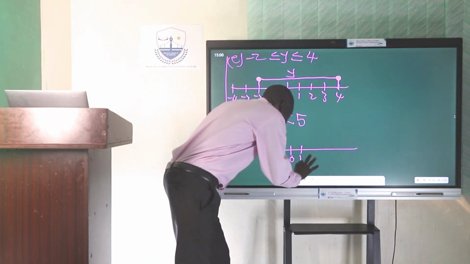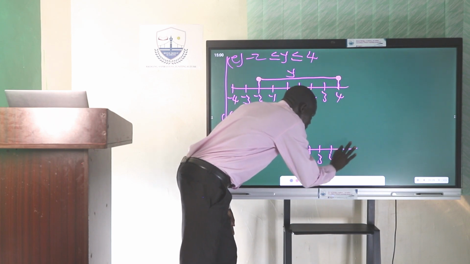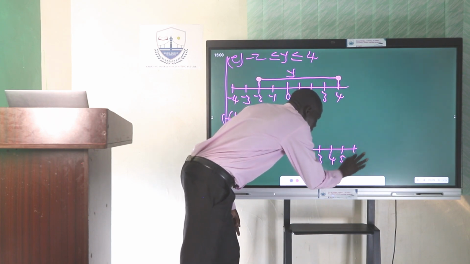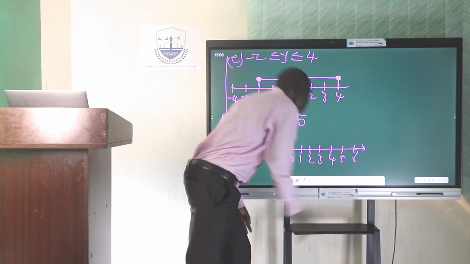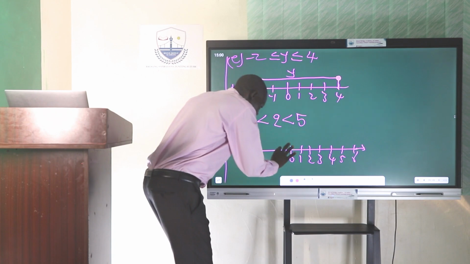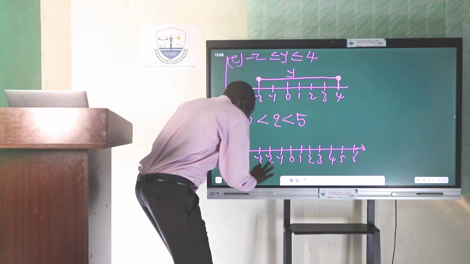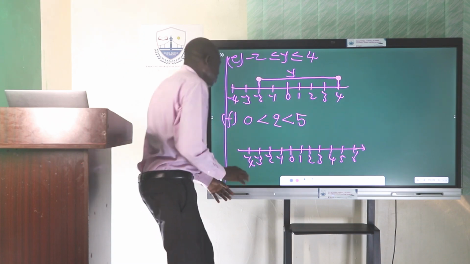So we start from 1, 2, 3, 4, 5, 6, and so on. On the left-hand side of 0, we start with negative 1, negative 2, negative 3, negative 4, and so on.